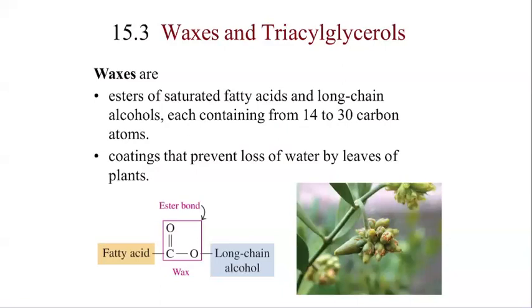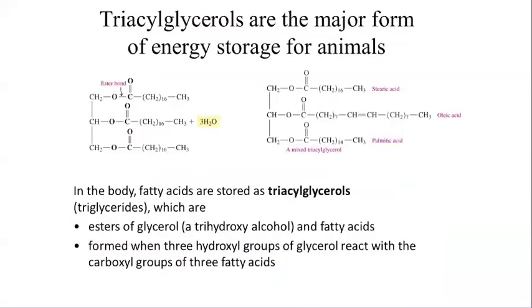Now, other larger lipids that also have fatty acids are triacylglycerols, okay? And triacylglycerols is how we store fat. As I mentioned to you guys in chapter 13, we store sugar in our bodies in the form of glycogen. Well, we also store fat. And the way that we store fat is in the structure of a triacylglycerol.